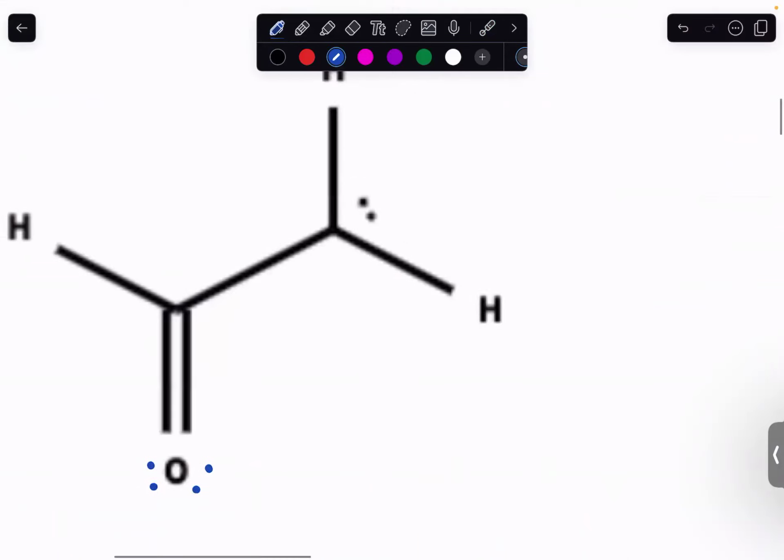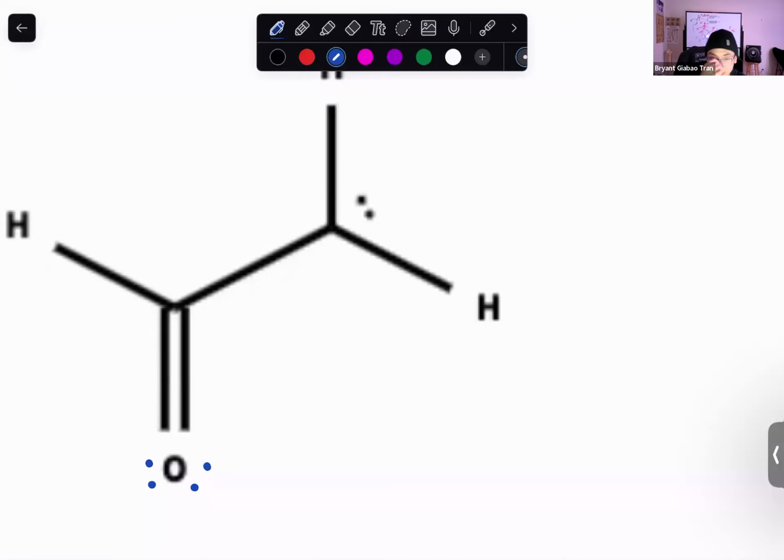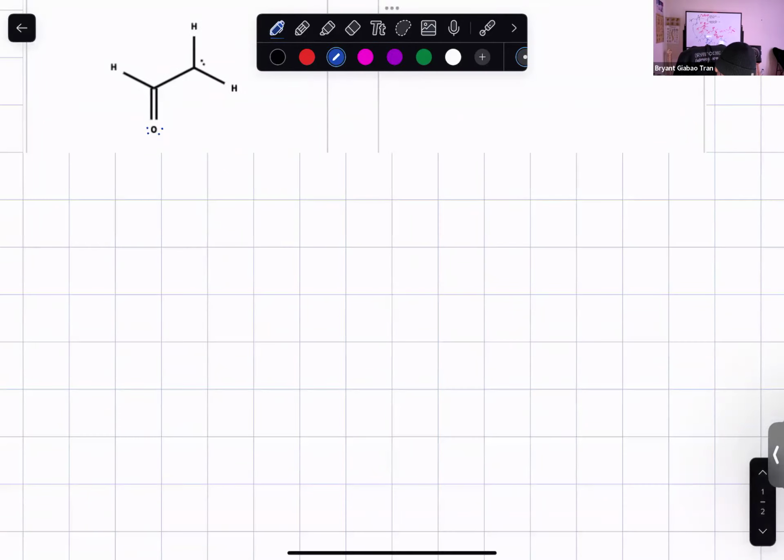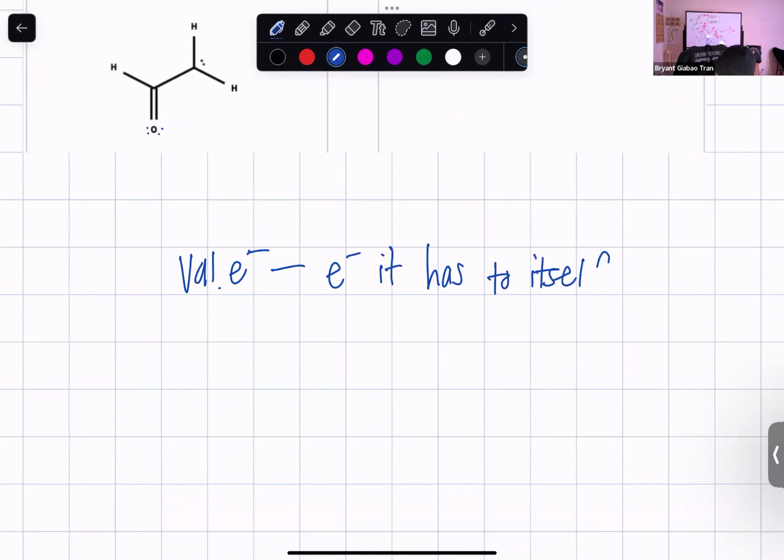Right? And now to calculate formal charges, like the negative charge or positive charge, what you do is look at the number of valence electrons that an atom has, and subtract the number of electrons it has to itself. We'll see example problems of that, and that should give you your formal charge.